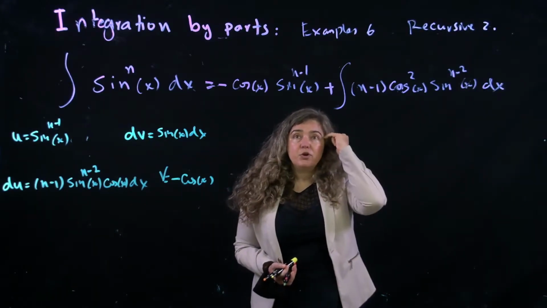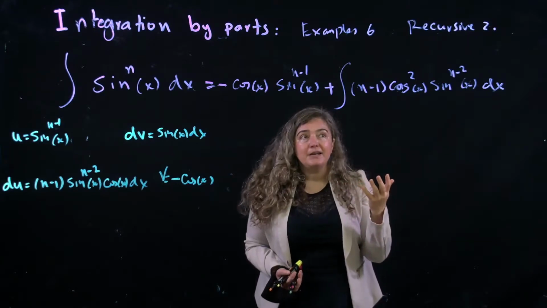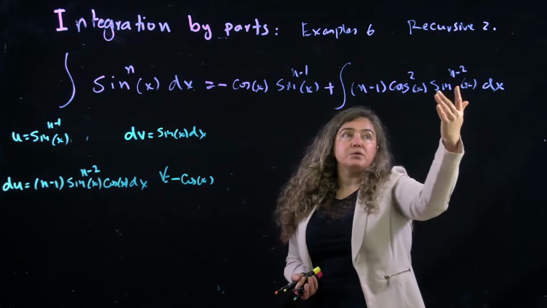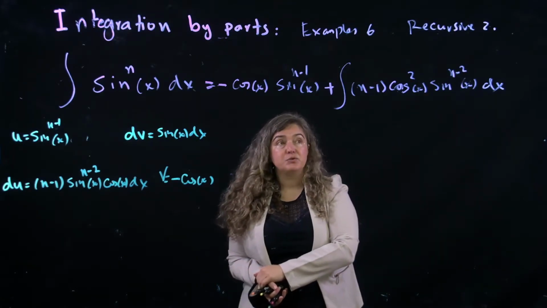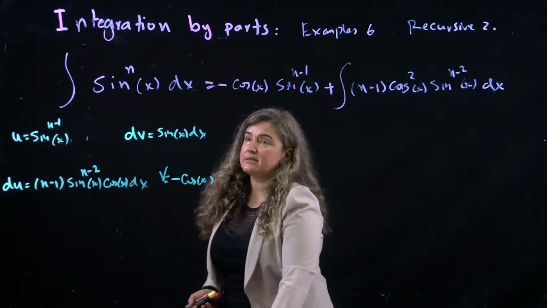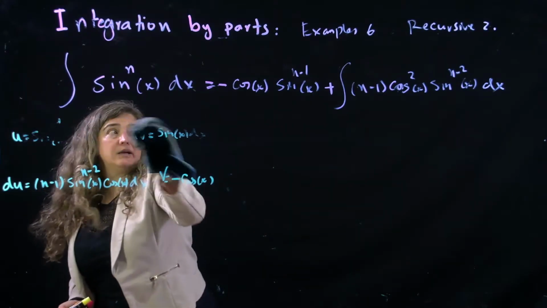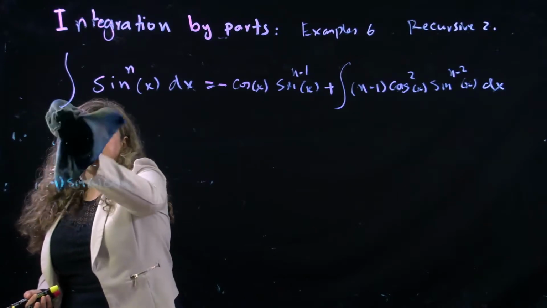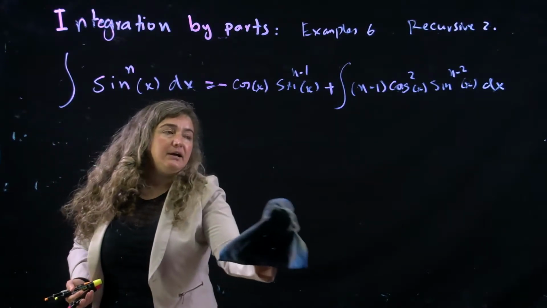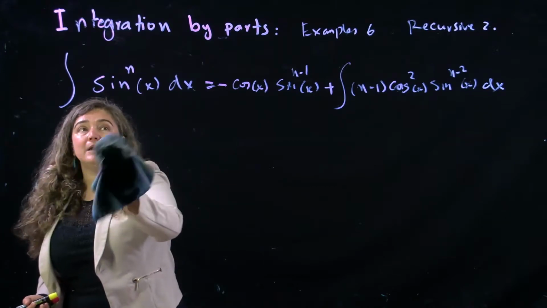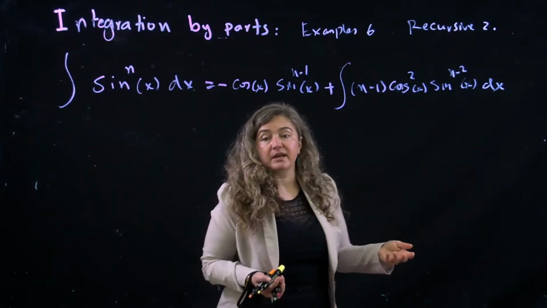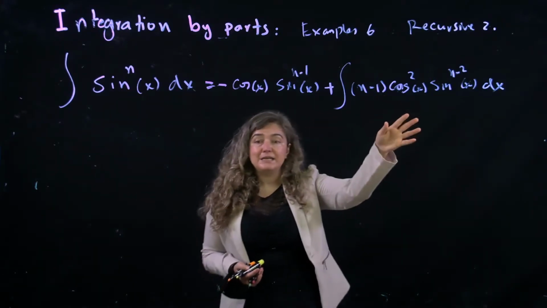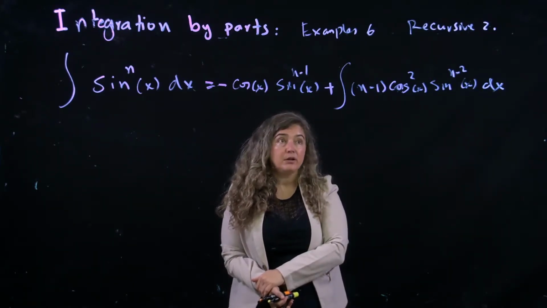Okay, so far so good, except that it's still messy, and I have cosine squared times sine to the power n minus 2 of x. So what do I do at this point? I start hoping to do the recursive thing. This is again a, and I want to create a as a term on the other side.